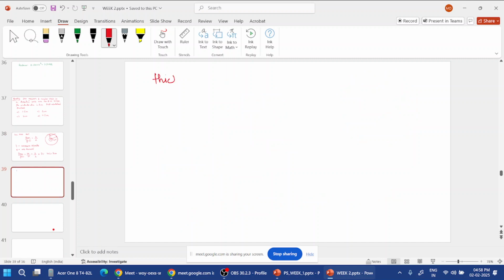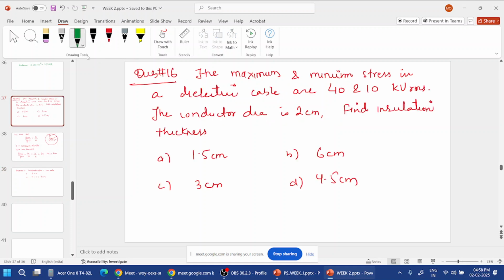So thickness is equal to intersheath radius minus core radius. Capital R is 4 minus small r is 1, which comes out to be 3 centimeter. So the correct answer is 3 centimeter.